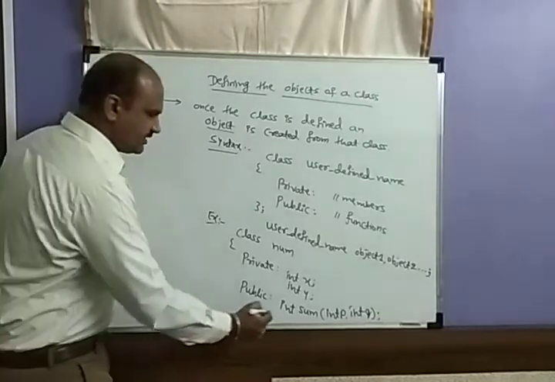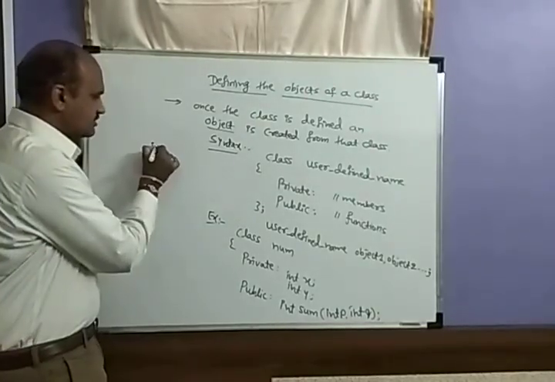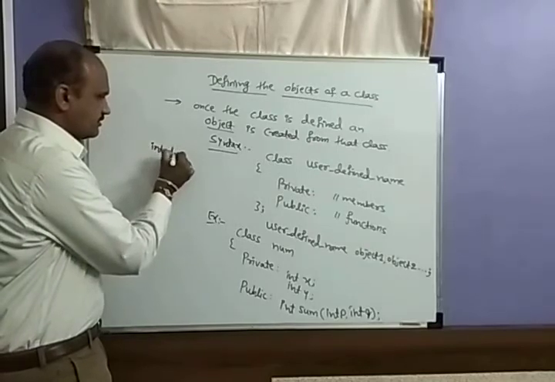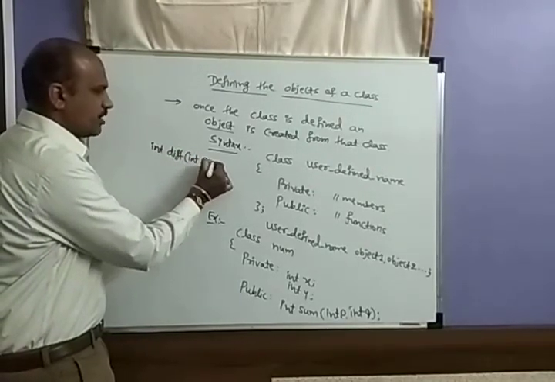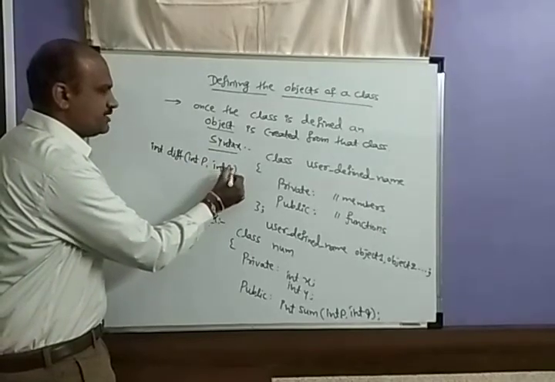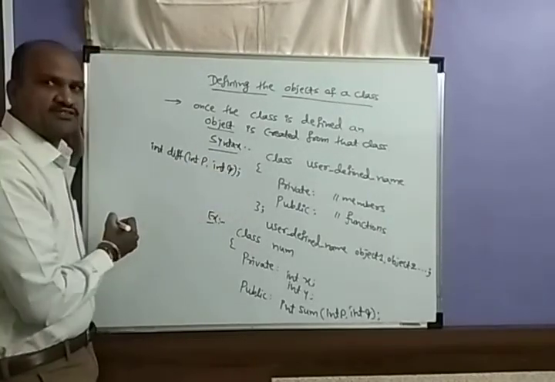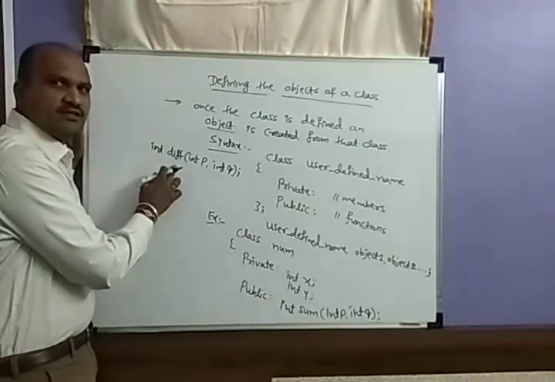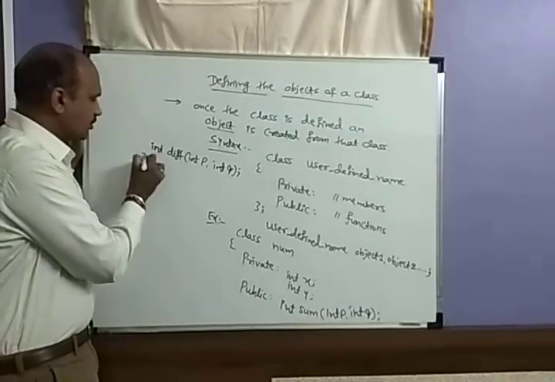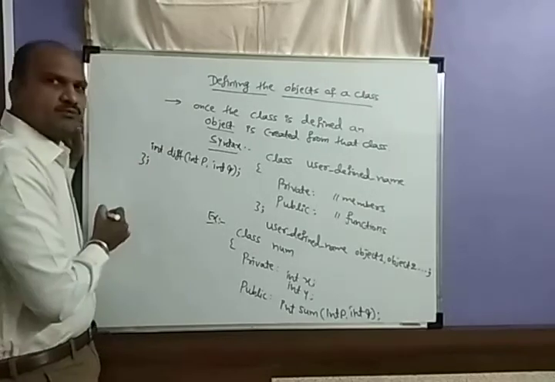Then another one, int diff, also int p comma int q. Again two arguments are passed in int sum and int diff. Two functions are defined. Close the brace and semicolon.